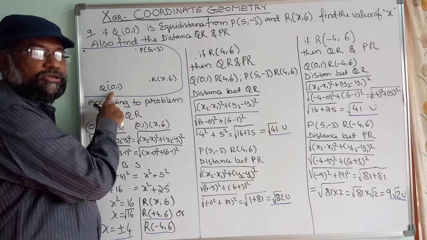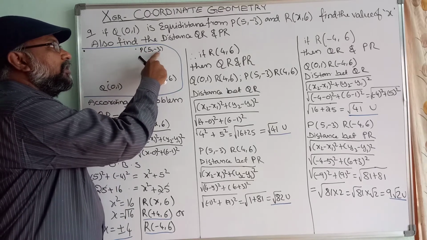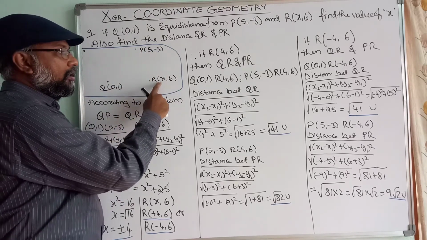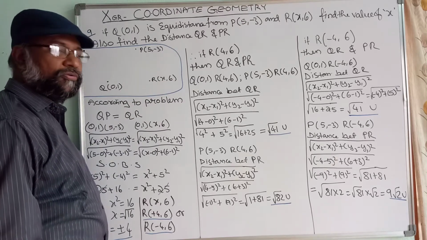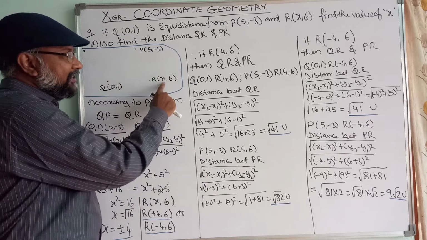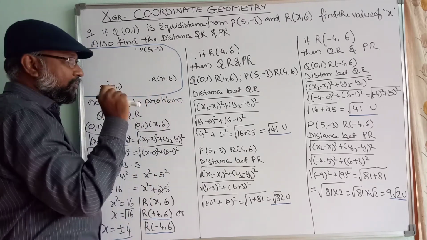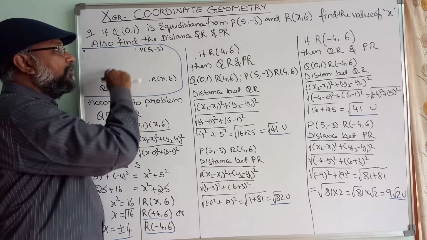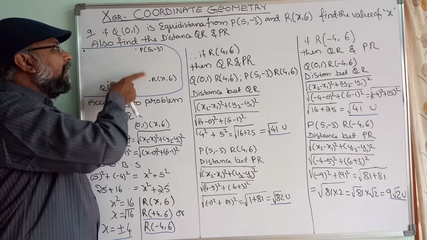Here, Q is (0, 1), P is (5, -3), and R has an unknown value x that we have to find, so R is (x, 6). What is the value of x? To find the value of x, we have to use the given condition, QR and QP.